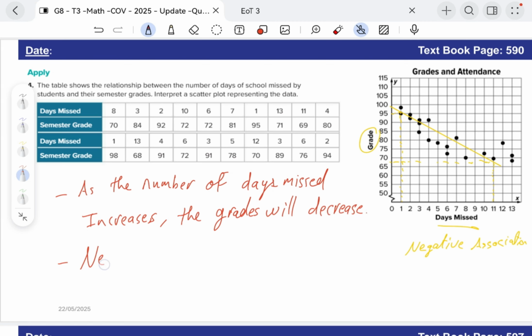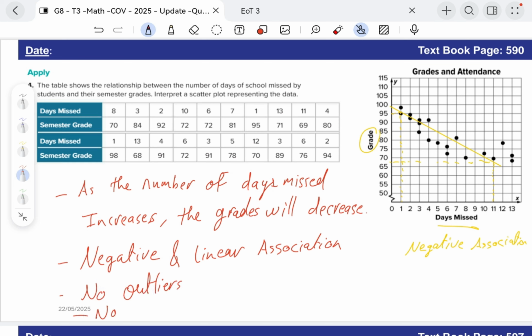So it's a negative association, negative and linear. We have no curve, negative and linear association, and we don't have any outliers, no outliers, and no cluster.